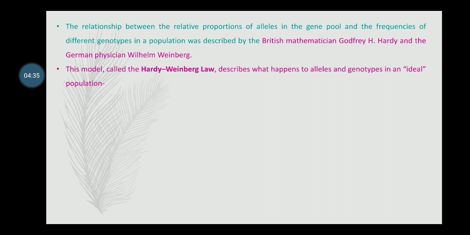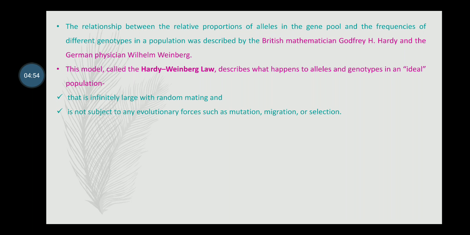This model, called the Hardy-Weinberg law, describes what happens to alleles and genotypes in an ideal population. So what is that so-called ideal population? That is infinitely large with random matings, and the population is not subject to any evolutionary forces like mutation, migration, or selection.